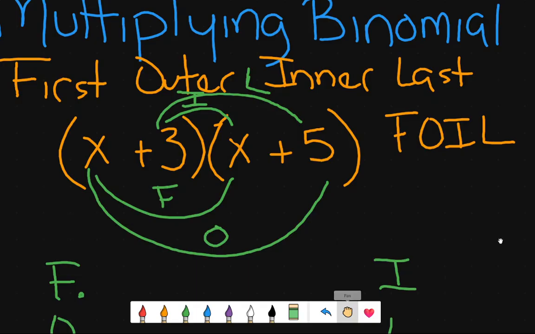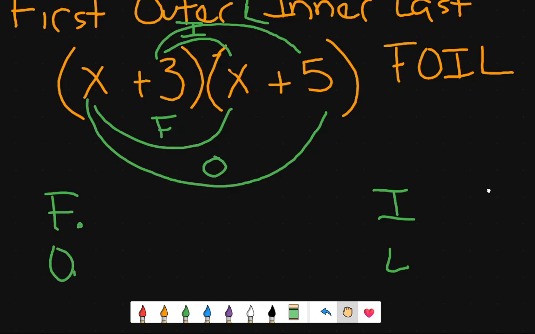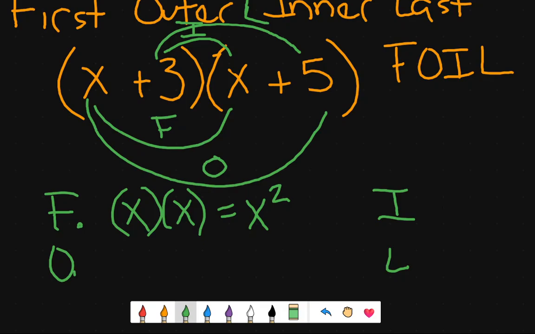Now, let's actually put that to work right now. Our first terms are the two X's. So where you see the F down here, I'm just going to put down that I'm multiplying X times X. And what does that give me? I multiply two X's together. That's going to give me X to the second power, or raised to the power of 2, which we call squared. So X squared. Then we have the O's.